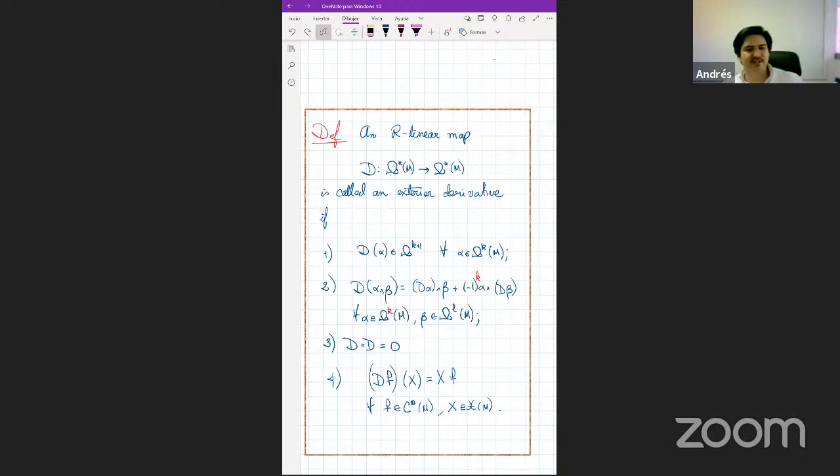I'm just rewriting the same definition here of the exterior derivative. So on any manifold, there is one, and it is unique. And usually we will stick with small d, okay? Usually that's the one that is used. So let's review the definition again.